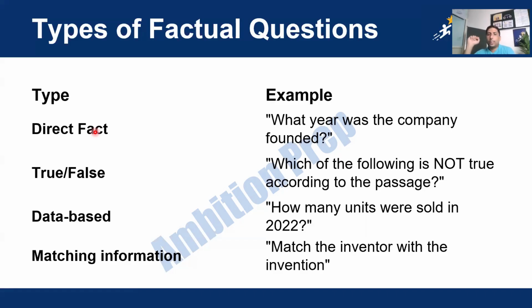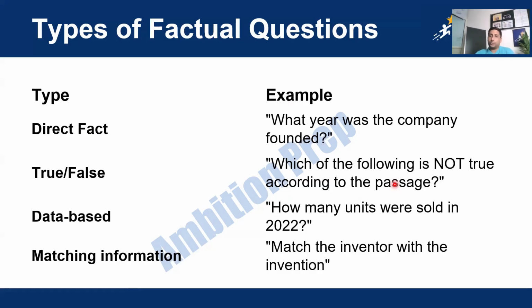True false. For true false, you can pick an example such as which of the following is not true according to the passage. True means the information found suitable according to the passage, and false means the information which is not there in the passage.